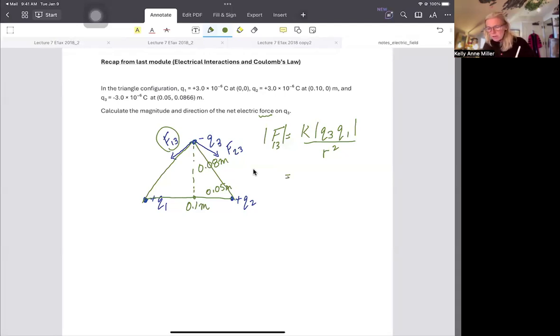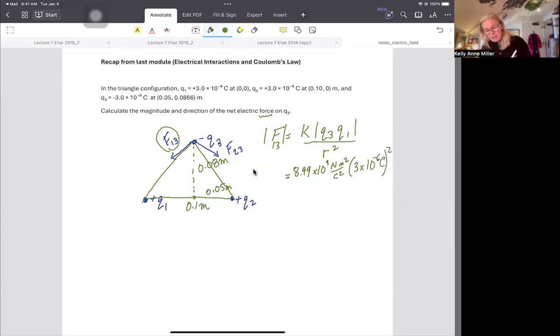So let's just put the numbers. K is about 8.99 times 10 to the power of 9 newton meters squared over coulomb squared. And then each of those charges, Q3 and Q1, they're both 3 times 10 to the negative 6 coulombs.